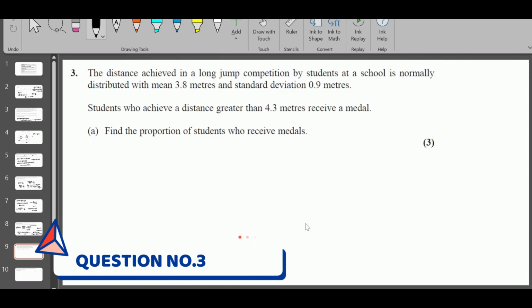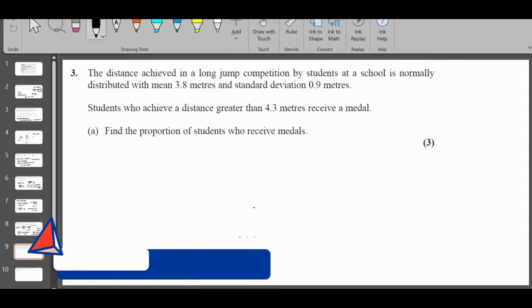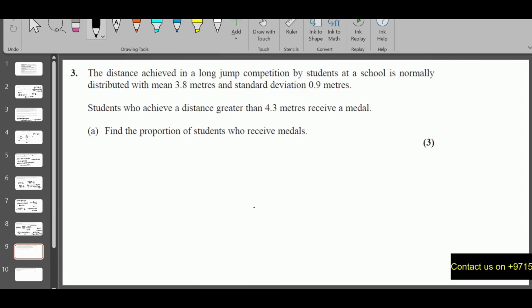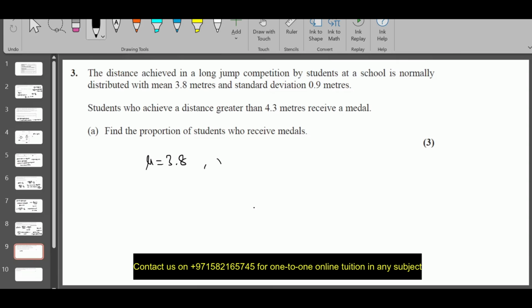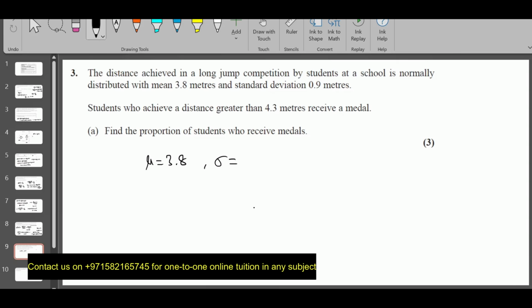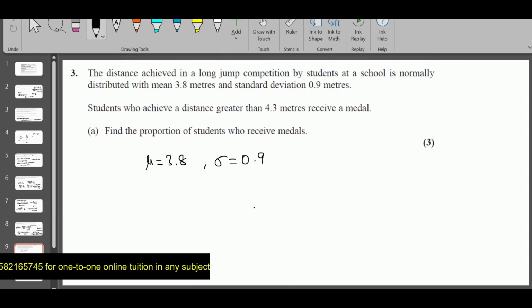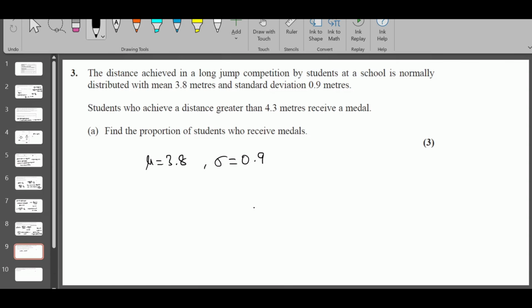Question number 3 now. The distance achieved in a long jump competition by students at a school is normally distributed with mean 3.8 and standard deviation 0.9. Students who achieve a distance greater than 4.3 meters receive a medal.